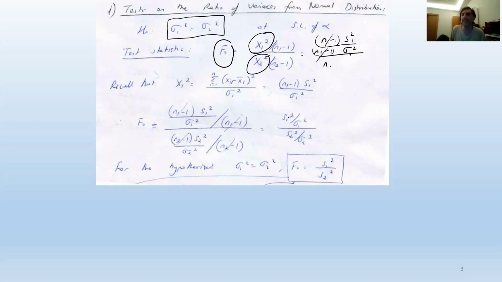Note that these will cancel, and you do the same thing for the denominator, you obtain the same result. Therefore, we obtain this value here. So this F0 variable will be F distributed with n1 minus 1 and n2 minus 1 degrees of freedom.